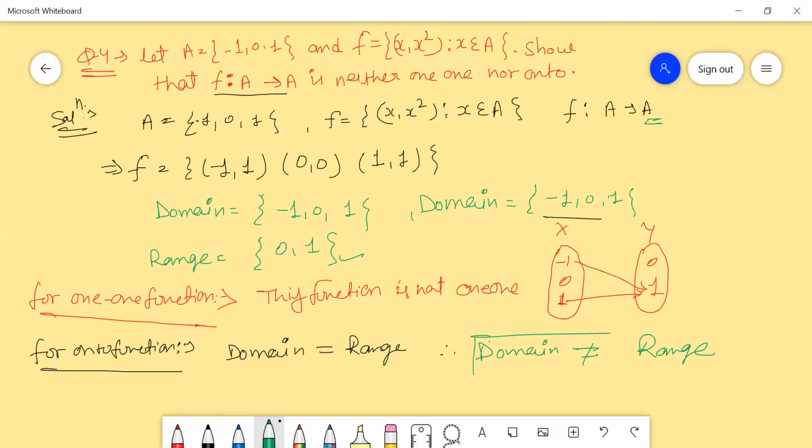So because it is not satisfying the definition of onto function, we are saying that this function is also not an onto function.